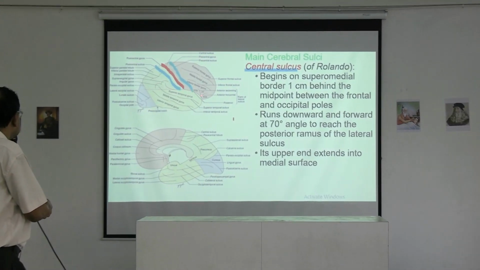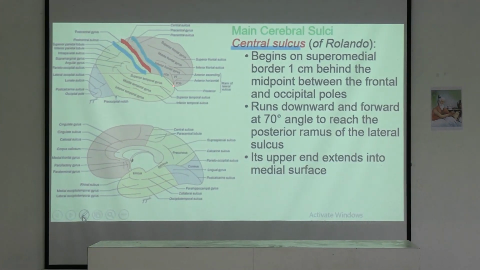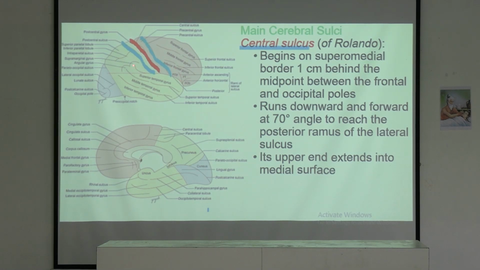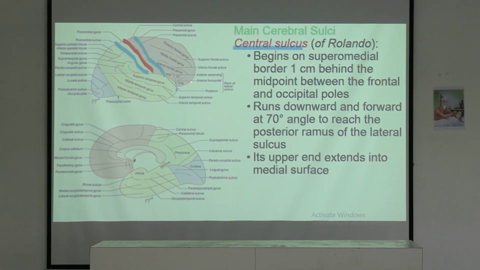Lateral sulcus has got 3 components or limbs: one is anterior horizontal, anterior ascending and posterior. So accordingly we get 3 gyri: one is called orbital gyrus, or pars orbitalis, next is pars triangularis, and another part which is called pars posterior.